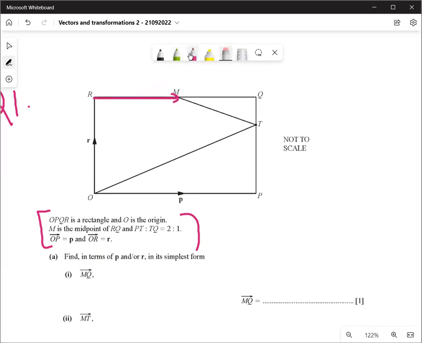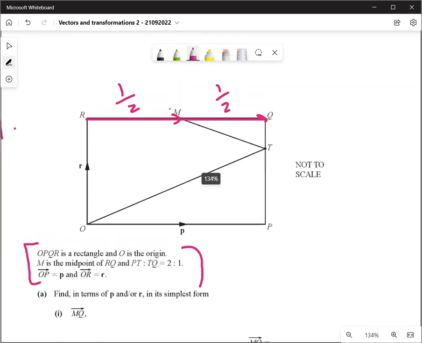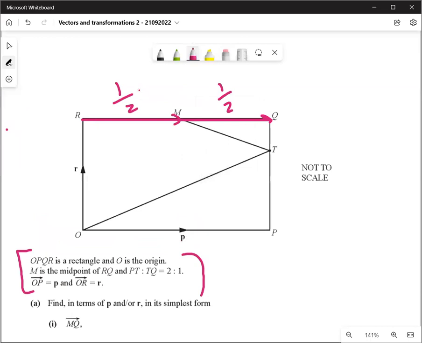OP is P and OR is R. Okay, so realize this. M is the midpoint, right? It's in the middle, dividing it. So RM must be half of P, because if the whole thing is P, then half it must be half P, and from M to Q it must be half P as well. Does that make sense?